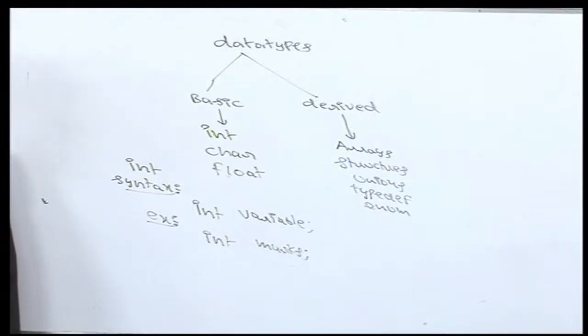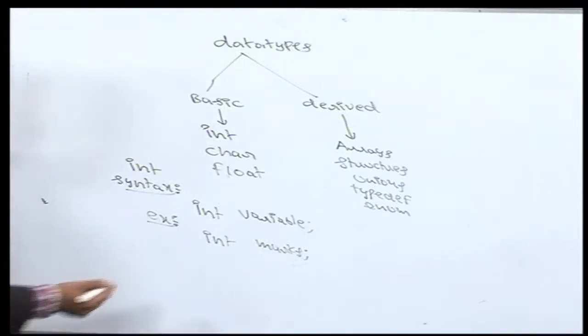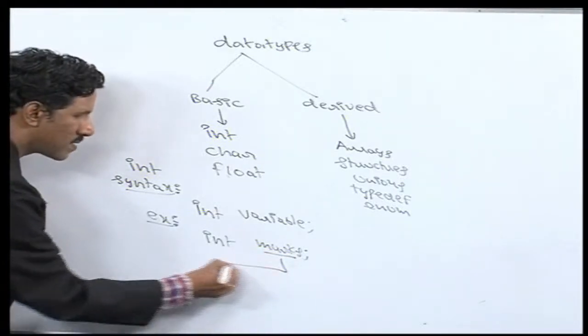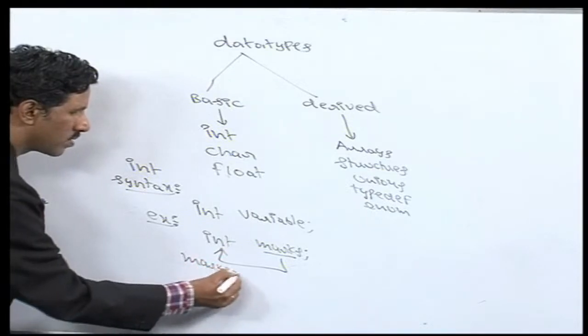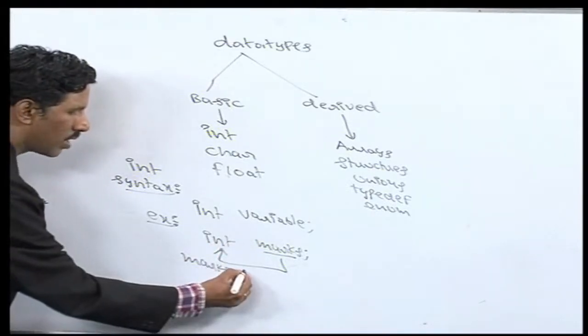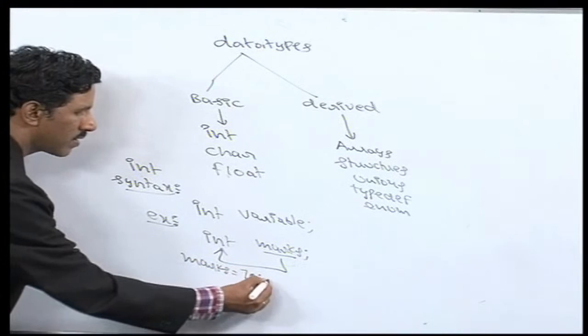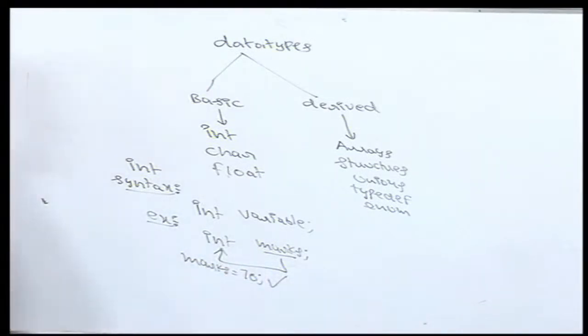Now, marks is which type of data type? Integer data type. I want to store the marks. Whenever marks is an integer data type, I can enter only numbers. I want to store marks equal to 70. Now, it is valid. Marks equal to 70 is valid because it is a number.